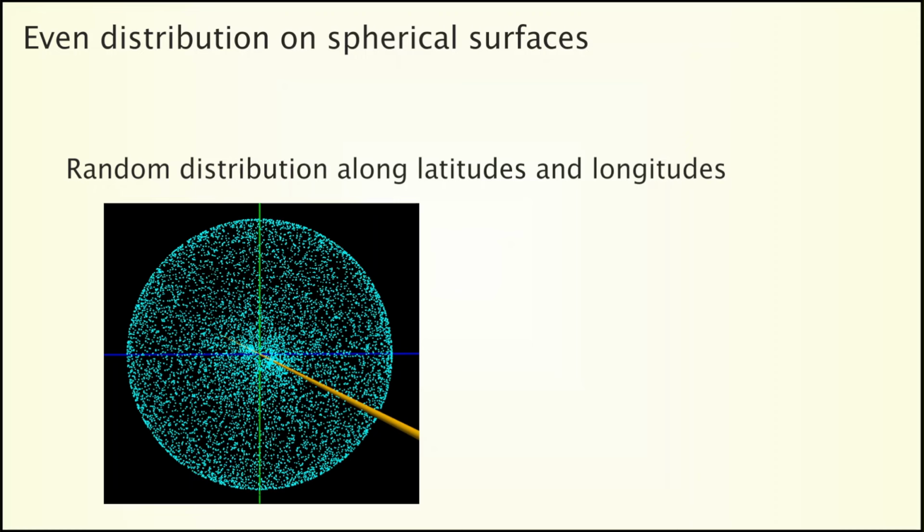You will have an accumulation of elements toward the poles of your sphere. As you can see here, the poles are located on the x-axis, and you see that elements there are accumulating. And this is something we do not want in our case.